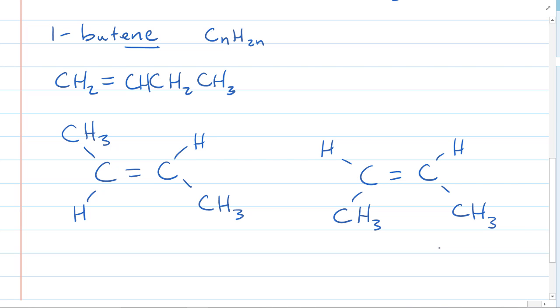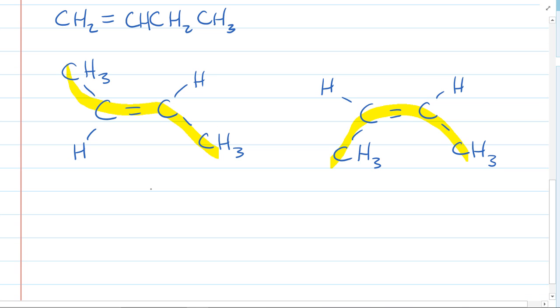And then if we want to name these, here's what we're going to do. First of all, again, we have the parent chain, which in each one of these has those 4 carbon atoms. If it's a 4-carbon parent chain, we want to name them. Each one of these is going to be called butene.